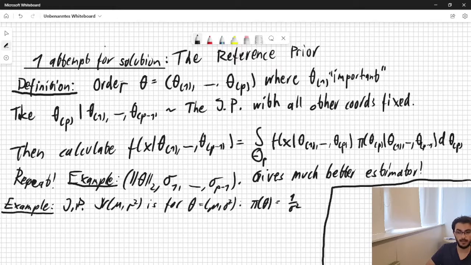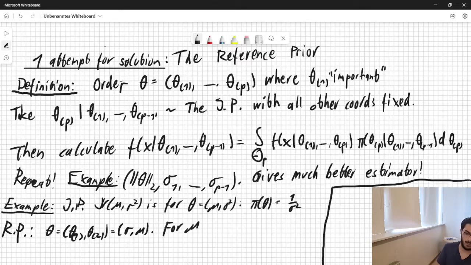So let's say we want to estimate sigma. So we order theta to sigma and mu. Then for mu, since we have a location family, given sigma, we have that pi of mu given sigma is just 1.